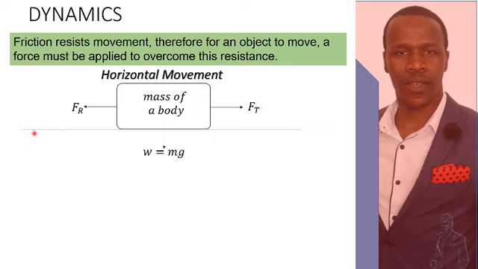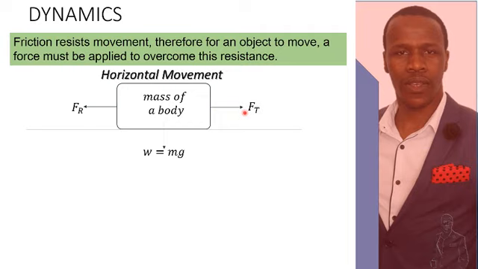Assuming that we have this horizontal plane with this body, or the mass of the body, this is the weight, obviously, because it's exerting a weight on top of this plane. Now we have Ft and Fr, because we said Fr, friction, always opposes motion.